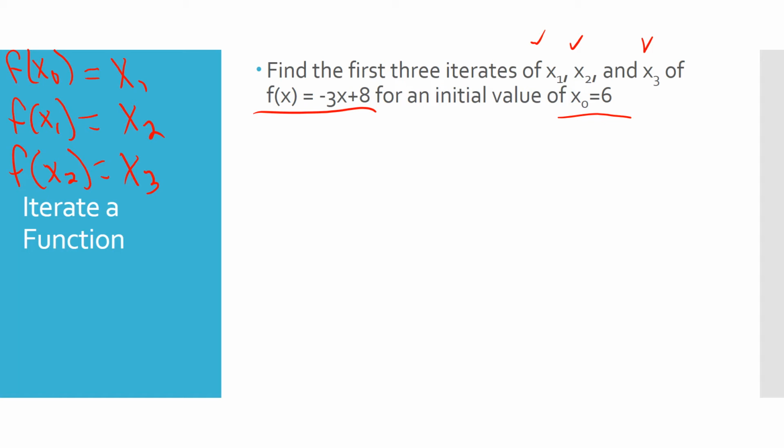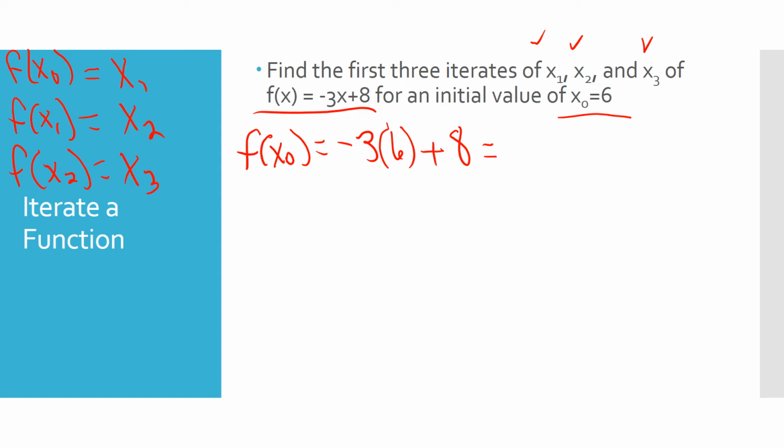So here I've got a function equation, f of x equals negative 3x plus 8. Let's find x subscript 1. We're going to write it like this: f of x subscript 0 is equal to negative 3 times x subscript 0, which is really 6, plus 8.